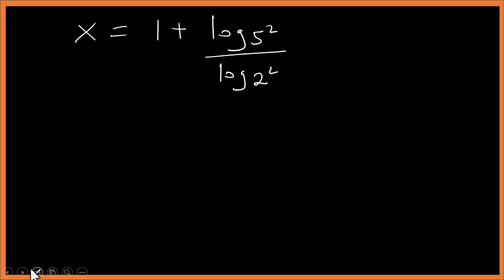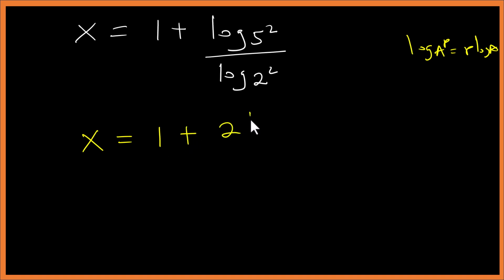Remember the power rule: log a raised to p is the same as p log a. So we have x equals 1 plus 2 log 5 on 2 log 2.